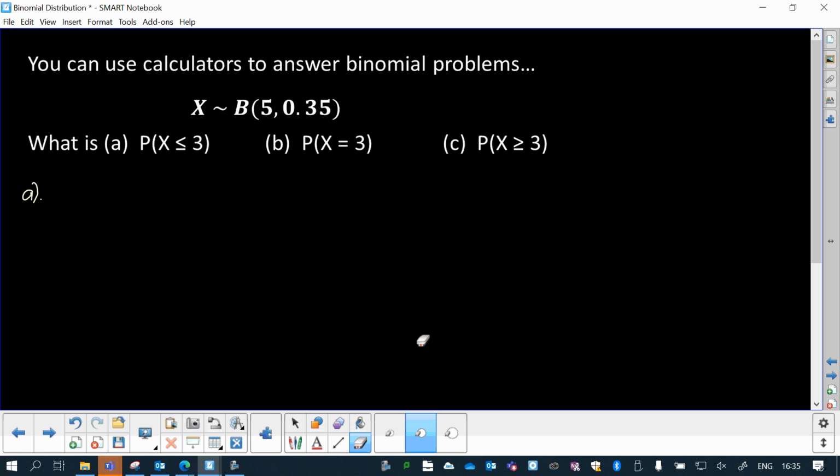And cumulative, we want all the probabilities from 0 up to 3. So press BCD. The data should say Variable, and then you ask for lower and upper. Now, this is where this calculator is too clever for its own good. The binomial distribution can be modeled as a curve.